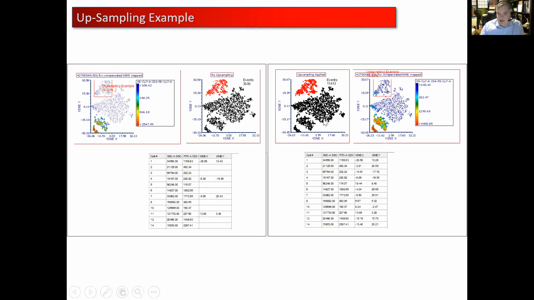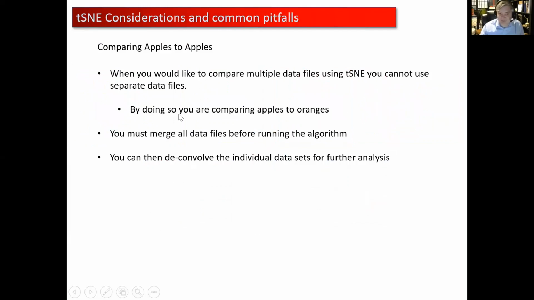And one of the things that you'll find is that when you're looking at things like density plots, even 2-dimensional plots, these plots are going to look a little bit nicer because they just have more events, right? This has 11,000 events in it instead of 3,000, and we're also able, when we set gates, to relate the information from those t-SNE plots back to the full data set and not just some of the downsampled data.